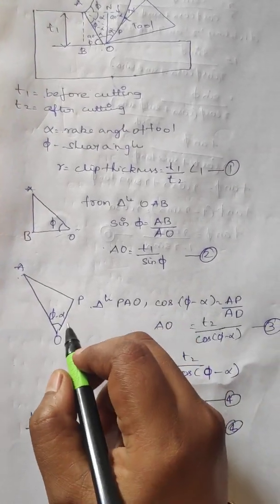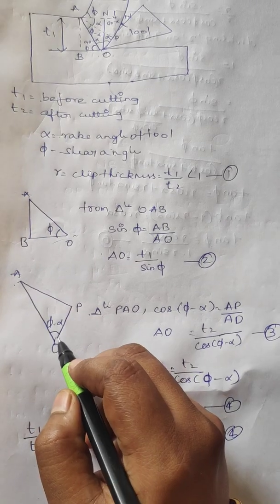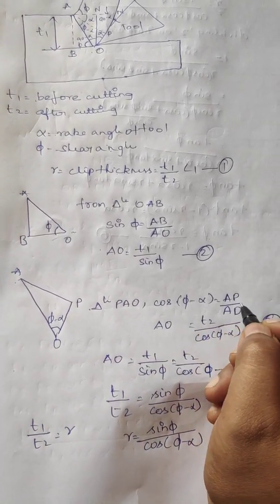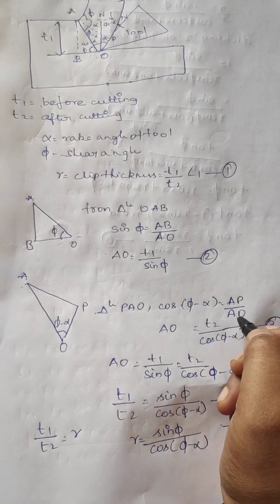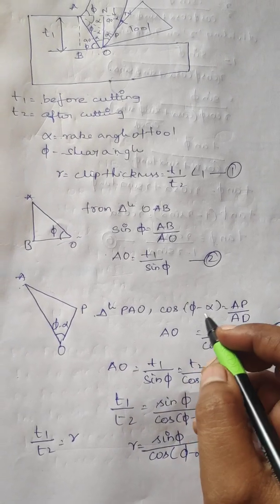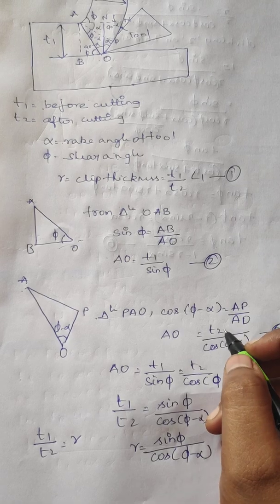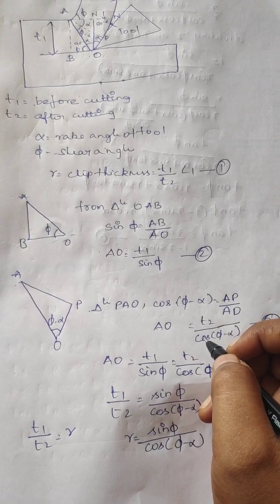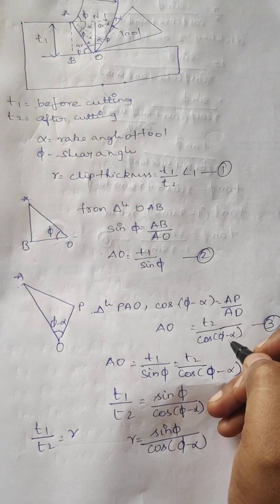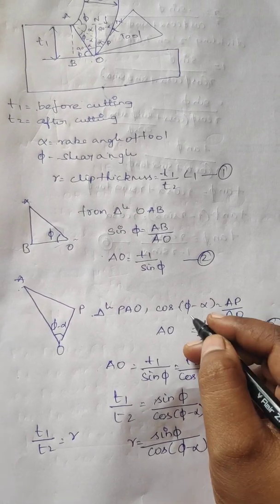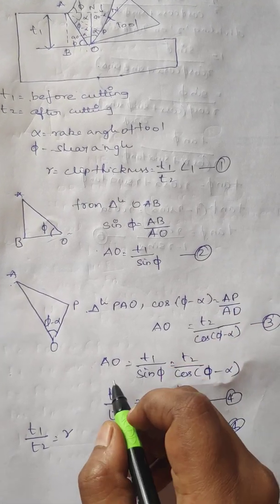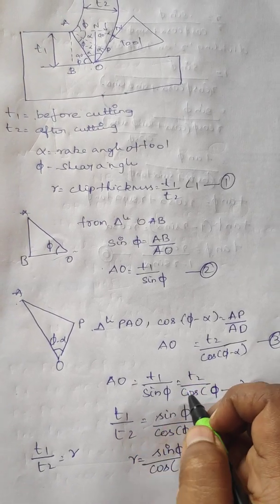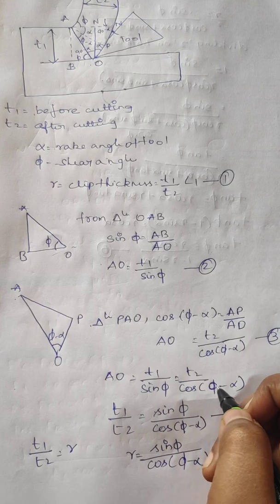From triangle PAO, cos of phi minus alpha is equal to AP by AO. Here we substitute the value for AP, that is t2, so AO is t2 by cos of phi minus alpha. So we get the AO value as t1 by sin phi is equal to t2 by cos of phi minus alpha.